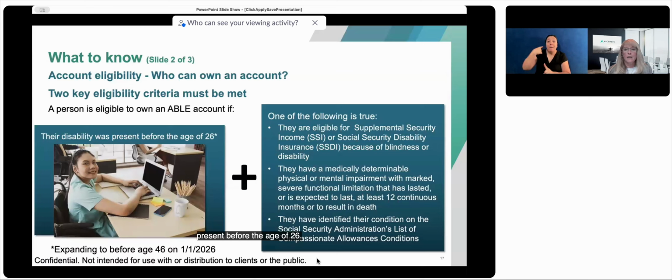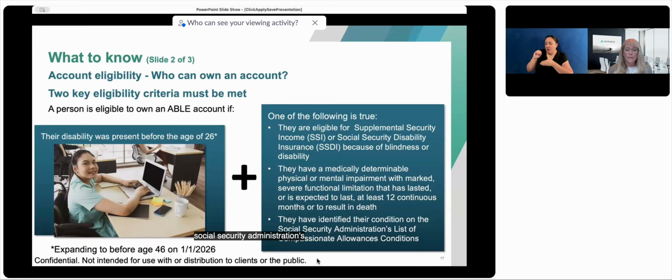So they are eligible for supplemental security income or Social Security disability insurance, or they have a medically determinable physical or mental impairment with marked severe functional limitation that has lasted at least 12 continuous months, or they have identified their condition on the Social Security Administration's list of compassionate allowances conditions.